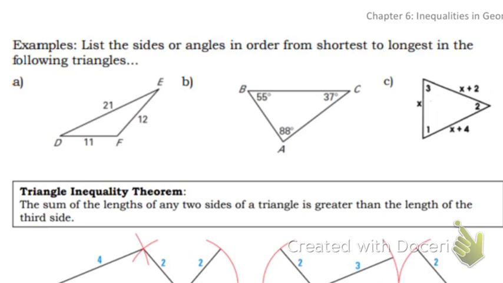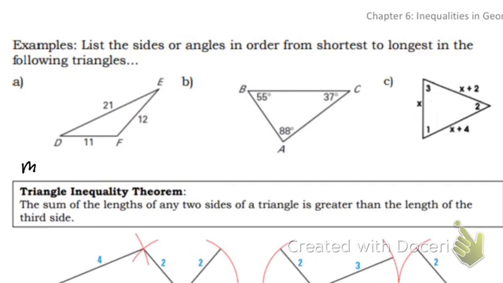So examples: we're supposed to list the sides or angles in order from shortest to longest. In this one, I'm given 3 sides. DF is the shortest side, FE is the middle side, and DE is the longest side. Since DE is the longest side, the angle across from it must be the biggest angle.